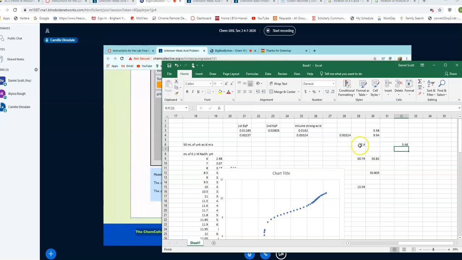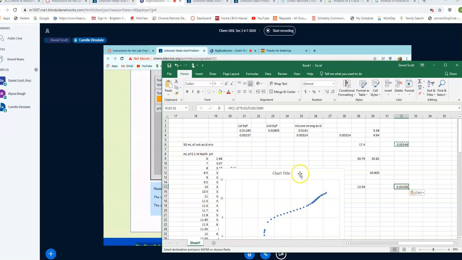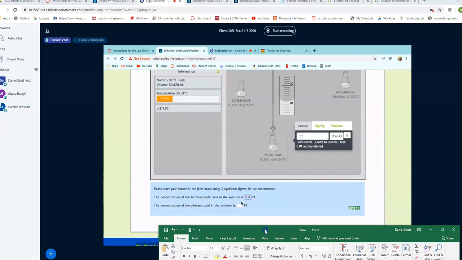So 0.00348. That's basically the same figures, right? Hold on just one second. Yes. Okay. All right. So you got on there 0.00348.